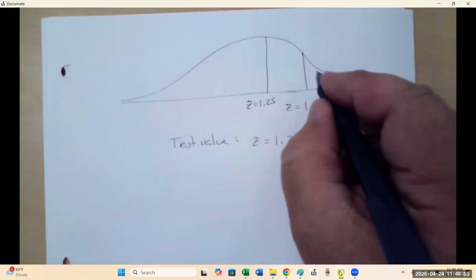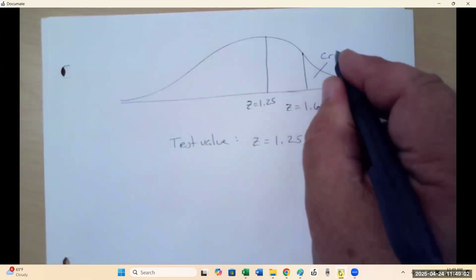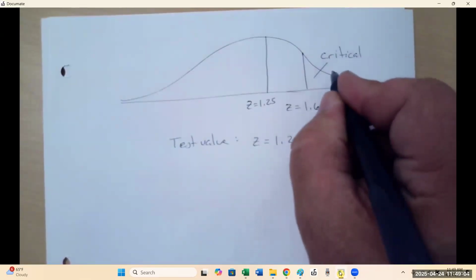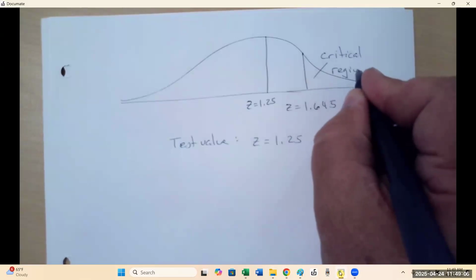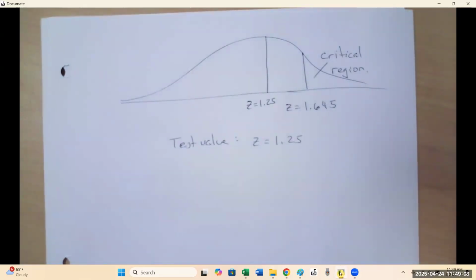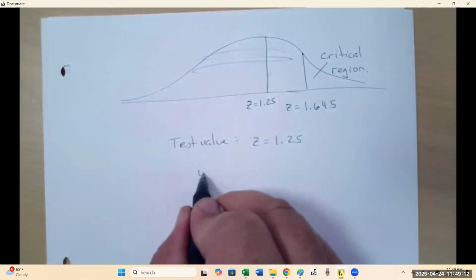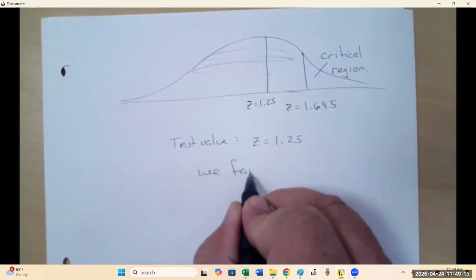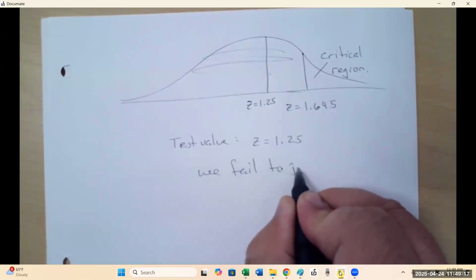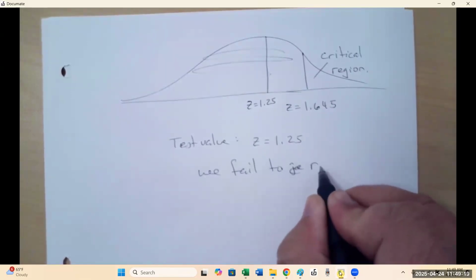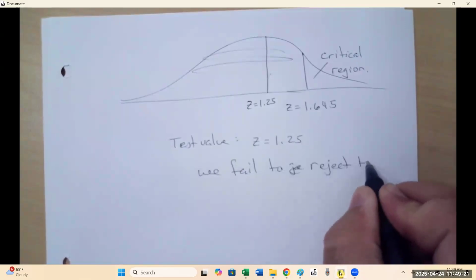Does it fall in the critical region? No. Since it doesn't fall in the critical region, we fail to reject H0.